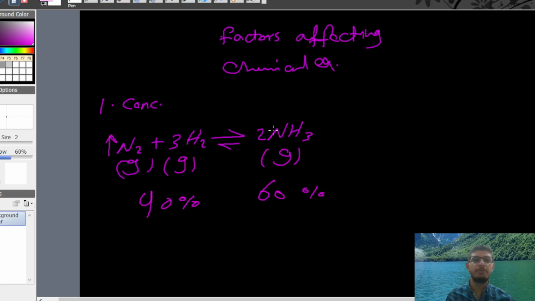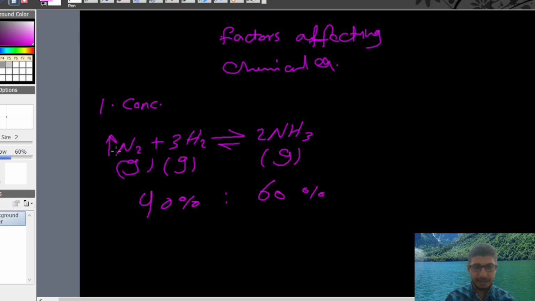The 40-60% will be demolished, will be affected, will be lost. So what will the system do to maintain this equilibrium?